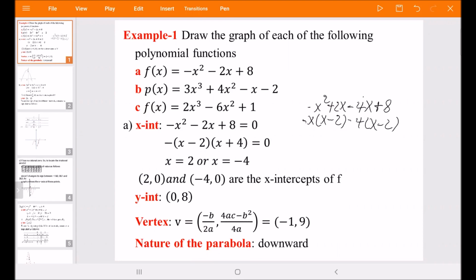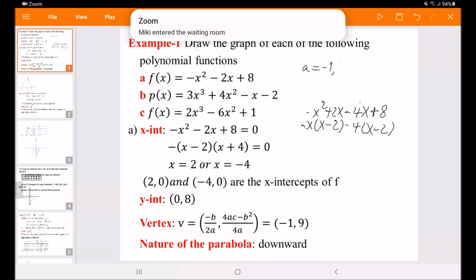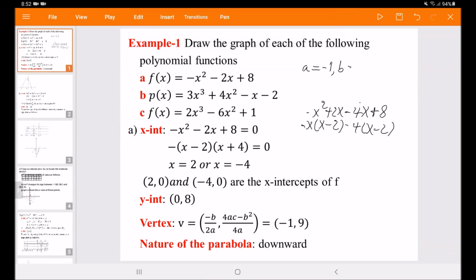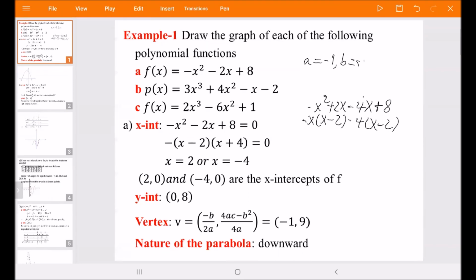To determine the vertex, first identify a, b, and c. A is the coefficient of x squared, it is equal to minus 1. B is the coefficient of x, it is equal to minus 2. And c is the constant term, that is 8 in this case. Now, after identifying the values of a, b, and c, the vertex is simply obtained from this formula.